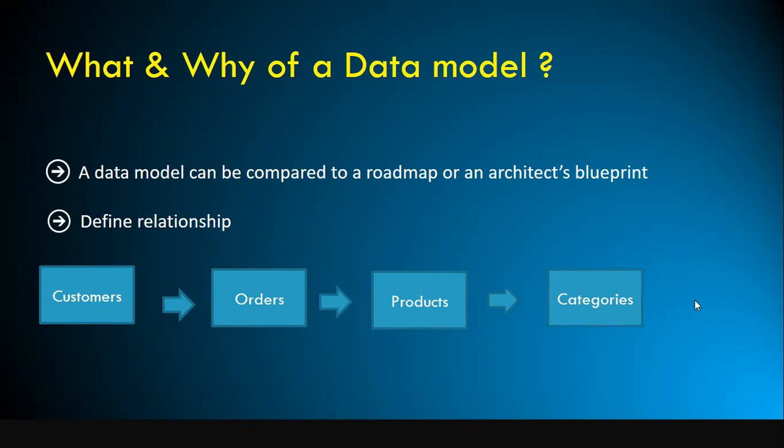Which store are they ordering from, which region, and which brand? The same product is available across various brands, and those brands will fall under a single category if it is a similar product.